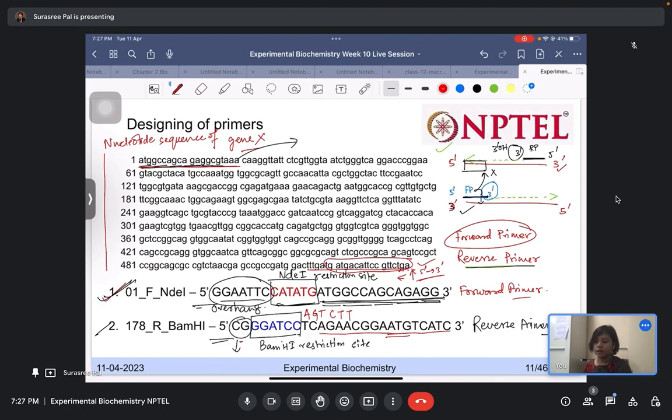So we can see A is complementary to T, G is complementary to C, T is complementary to A, C is complementary to G, T is complementary to A, T is complementary to A, like that, right? So the complementary and reverse sequence is used for the reverse primer. So this way the primers are designed so that they can be complementary to the two strands, the 5' to 3' strand and the 3' to 5' strand of the DNA template. Is that okay so far?